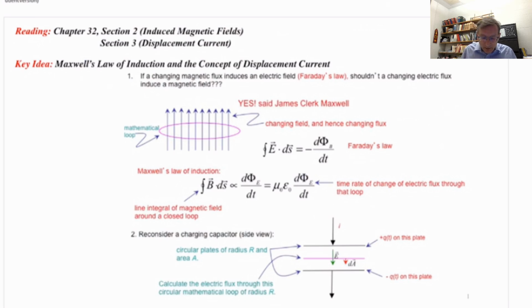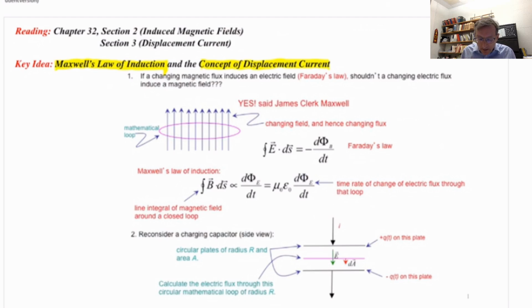So we're going to talk about what's called Maxwell's law of induction. This is named after James Clerk Maxwell, who made the argument that I just described to you. Maxwell also introduced the concept of what we're going to call displacement current, but we'll have to get to that step by step. Let's start with what I basically just said.